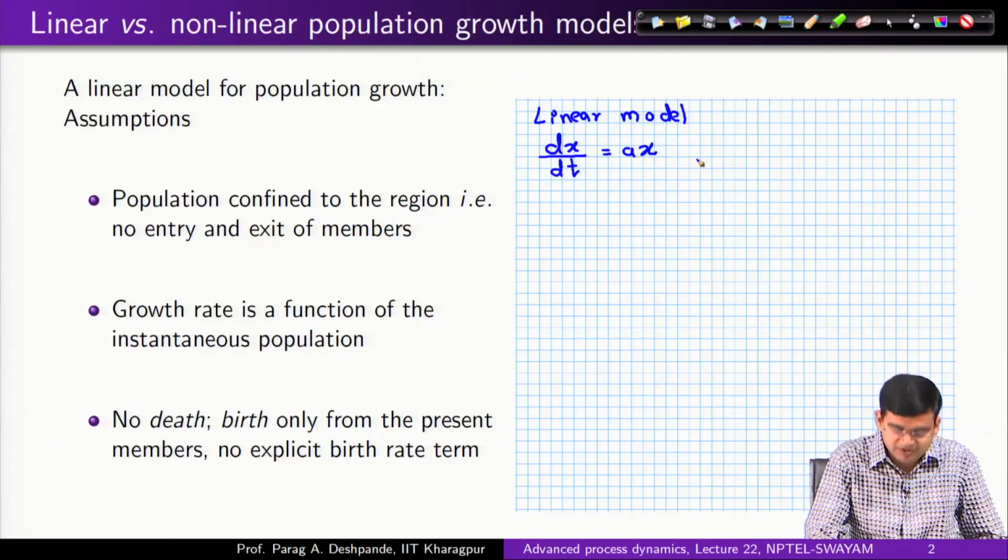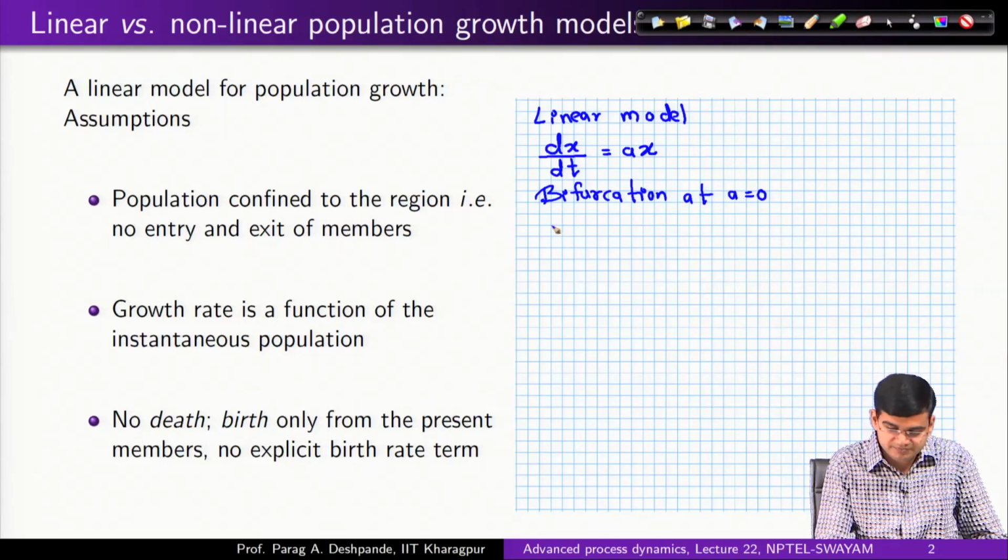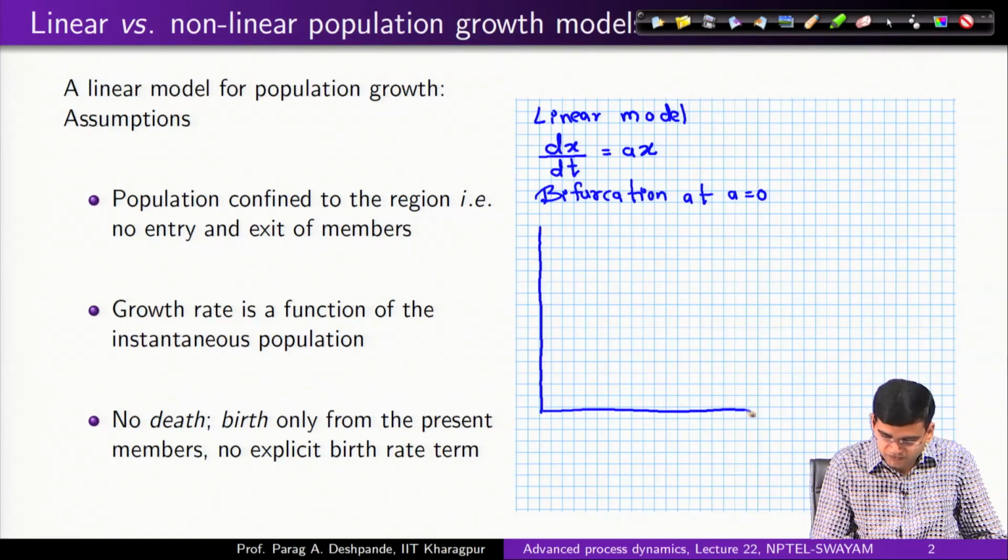So, I will draw the phase portrait. I know the system has a bifurcation at a equal to 0. So, therefore, I would need to draw two phase portraits.